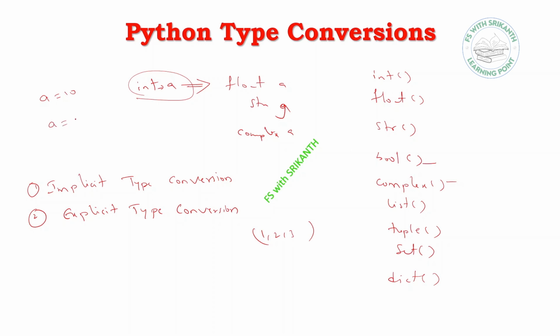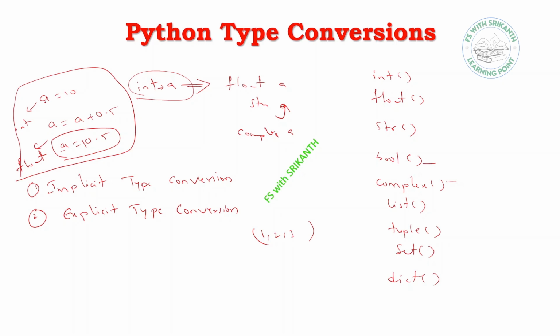When you do the operation a plus 0.5, the type of a is directly changed, and the value becomes 10.5. So a was int and now a is float. This is an implicit type conversion. Based on the operation, the type will be changed.